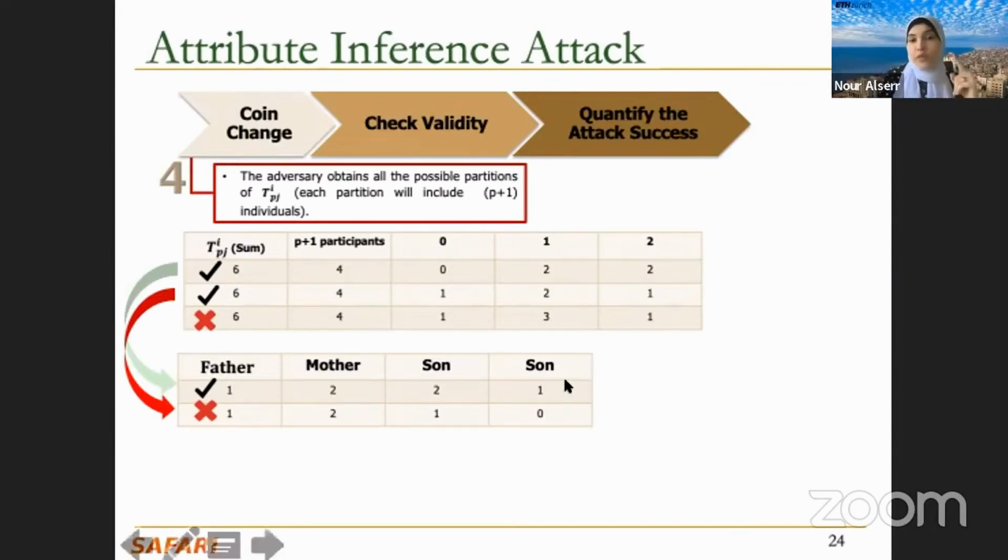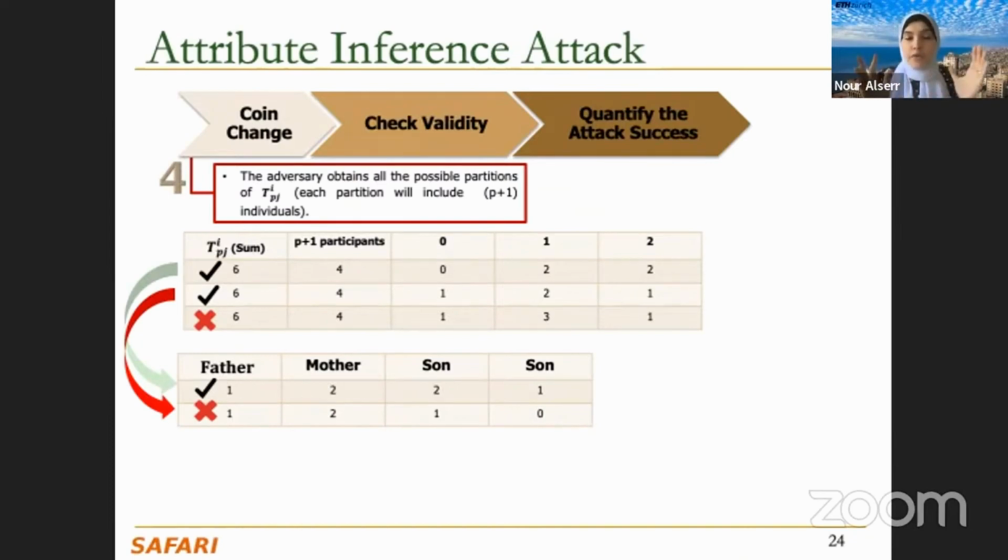So the adversary will choose the permutation with high probability. Again, he will use Mendel's law. If you remember, in Mendel's law we have probabilities. The son can be 50% 1, 50% 2. In that case, the son can be 1 or 2 with the same probabilities, and then he can pick one of them. Sometimes he can say, no, the son has a probability of 50% of having 1 but 25% of having 2, so I'm choosing the value of 1 for him.